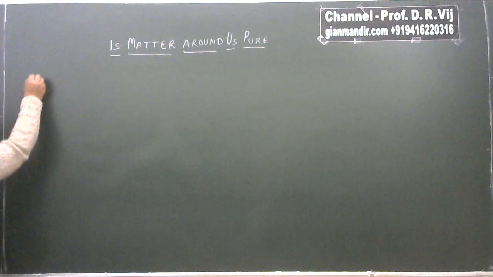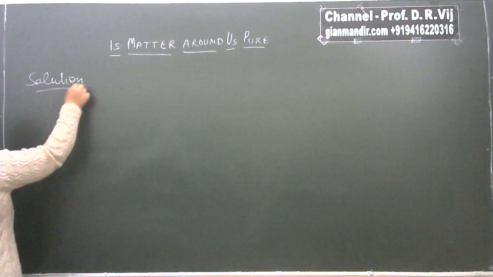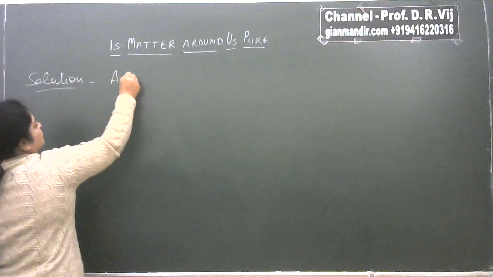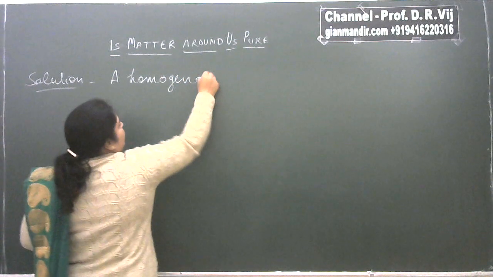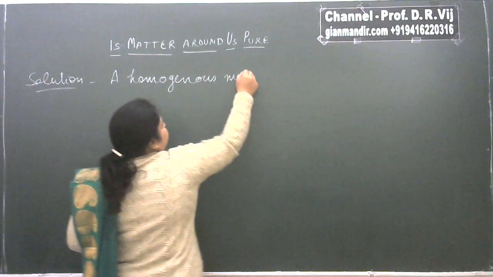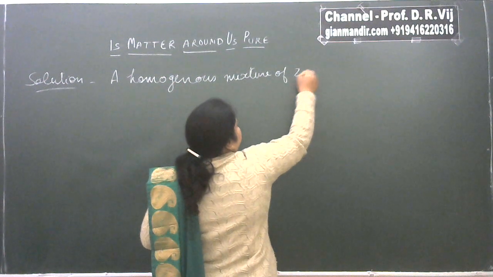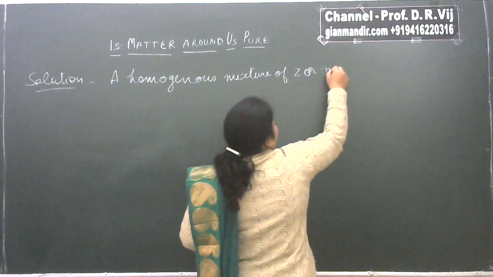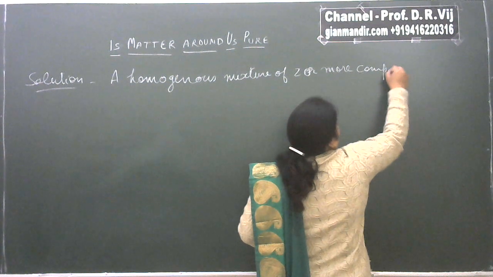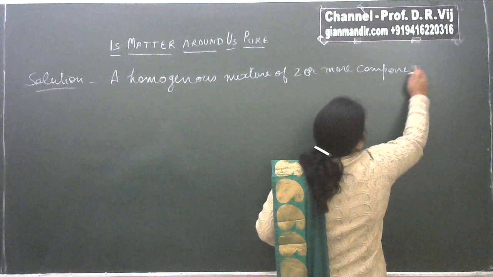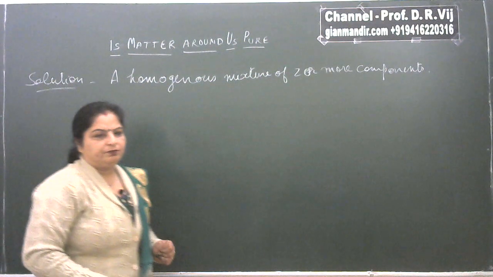The simple scientific definition of a solution is that a solution is a homogeneous mixture of two or more components. So a homogeneous mixture of two or more components is known as a true solution.